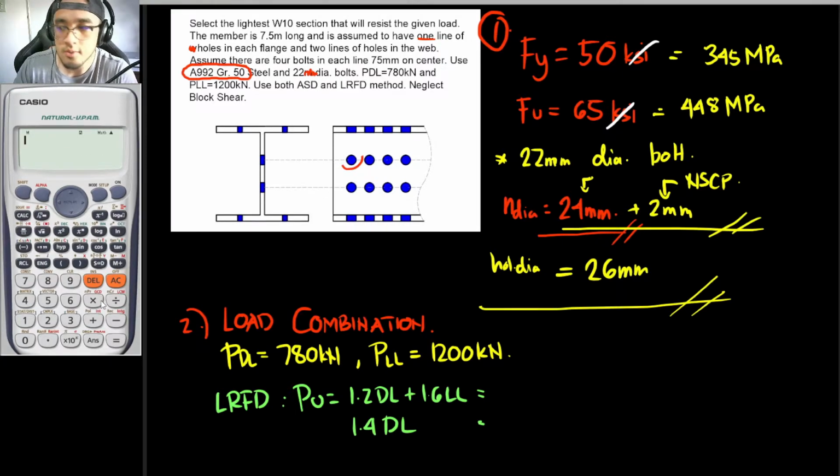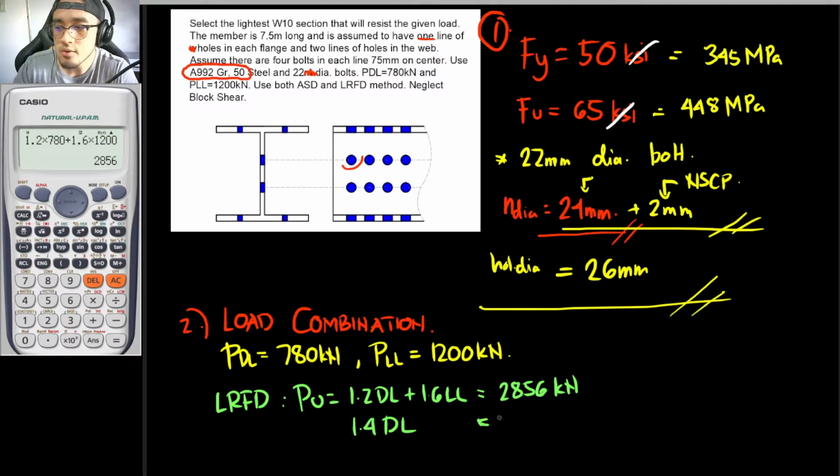So looking once again at the calculator to your left, 1.2 times dead load, and our dead load is equal to 780, plus 1.6 times live load, and our live load is 1,200. And from that, guys, our answer here is to be equal to 2856 kilonewtons. So that is for this first combination right here.